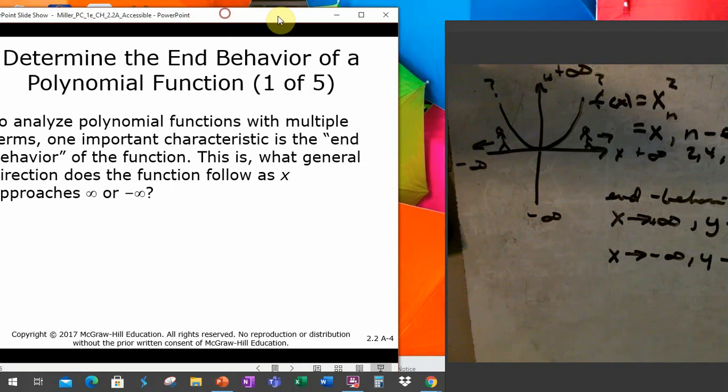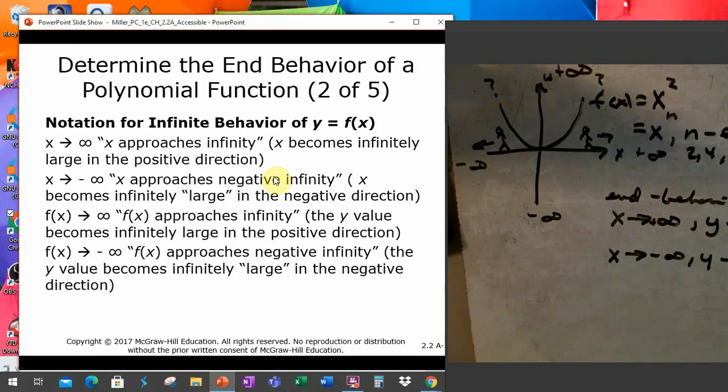Let me slide this over and put it in these words. This is what this notation means: x goes to infinity, x approaches infinity. x becomes infinitely large in the positive direction. We're getting larger and larger. As numbers get larger and larger, what's happening?